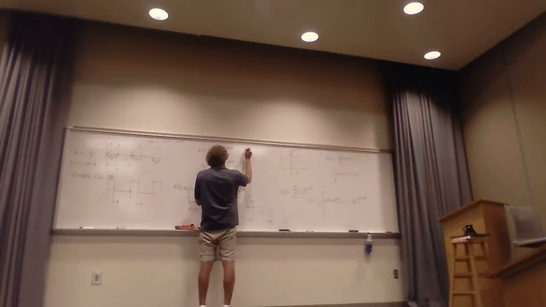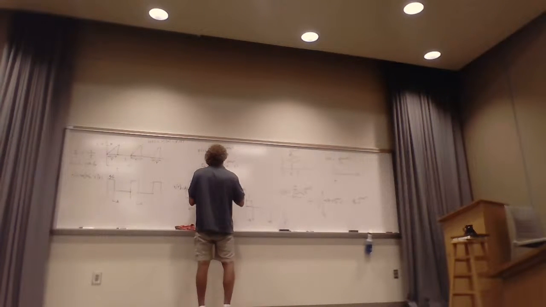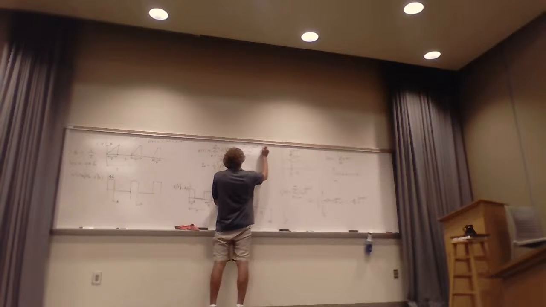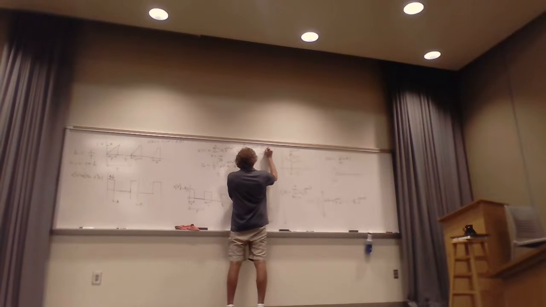So this is equal to the summation of this is going to be x1 series, minus infinity to infinity of C1 of n e to the j n omega naught t, plus summation from n equals minus infinity to infinity of C2 of n e to the j n omega naught t.